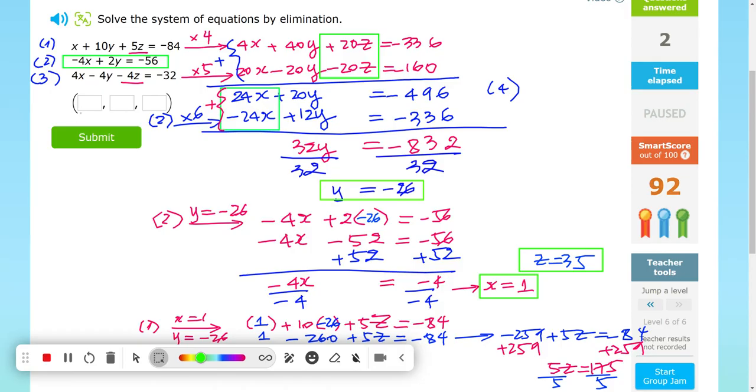So I am correct. I feel very confident to substitute x, y, z into the box. So x equal 1, y equal negative 26, and then z equal 35.